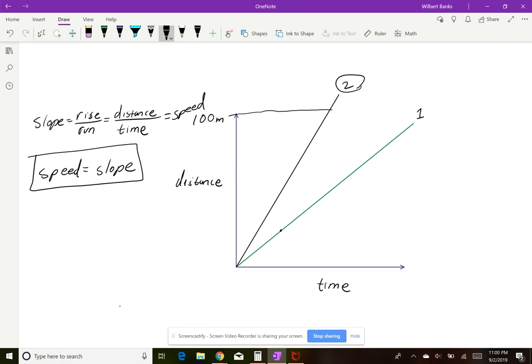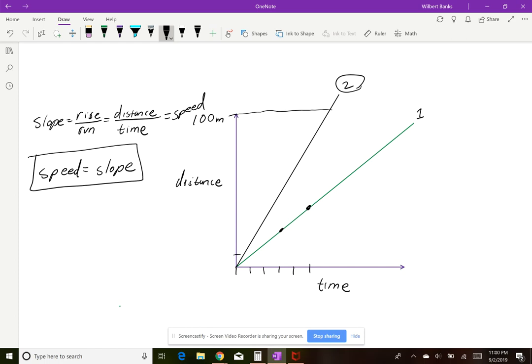So I'll take the 2 points and I'll do the same thing that we just did inside the last calculation, and the actual number I get would actually be the speed. So let's say hypothetically, I'm just going to make these numbers up. Let's go 1, 2, 3, 4, 5, 6.